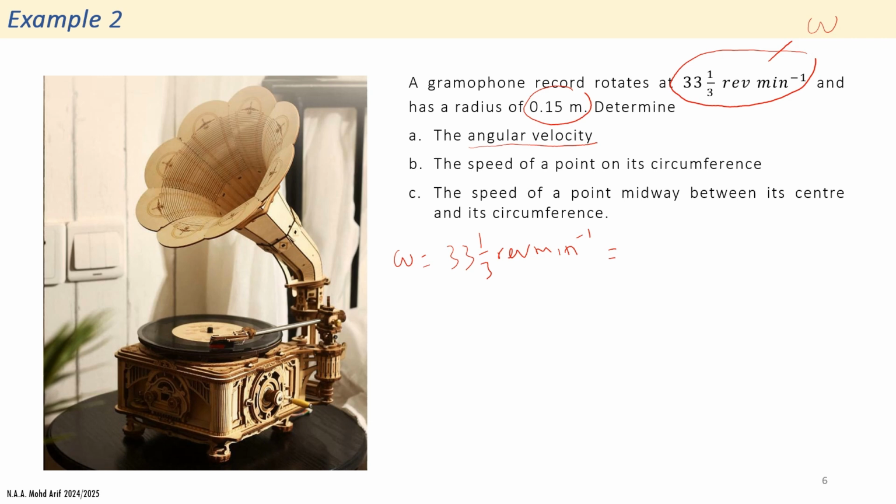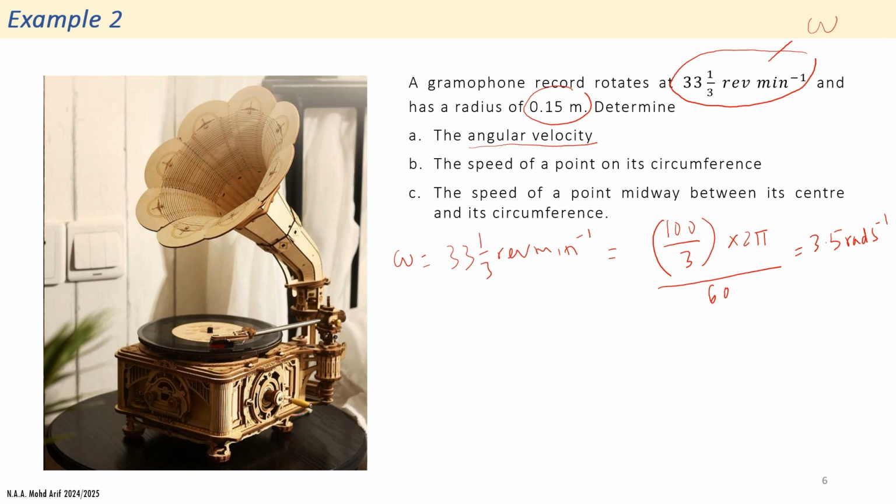So what you must do is 33 1/3, that is 100 divided by 3, times 2π divided by 60. So we will get 3.5 radians per second.